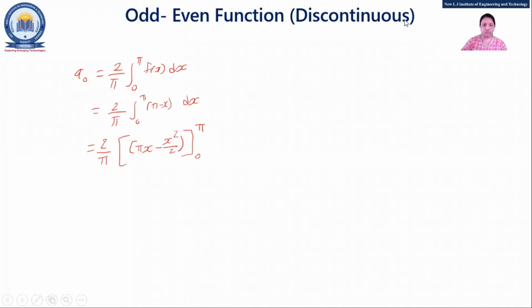Find out a0 quickly. I have written the integration; you just need to put the limits. A0 equals pi by 2, pi, 0, pi.